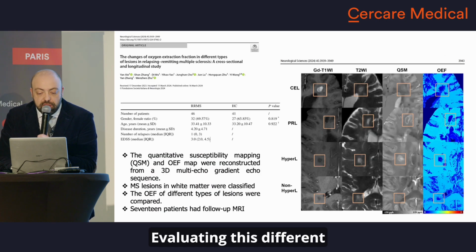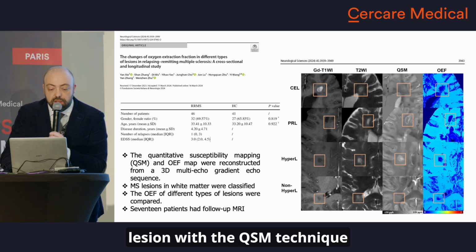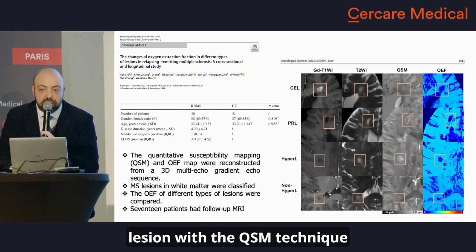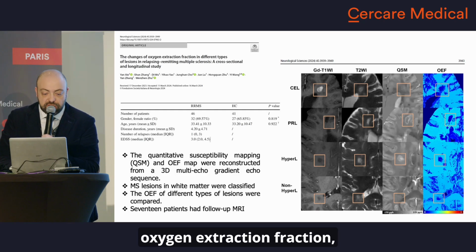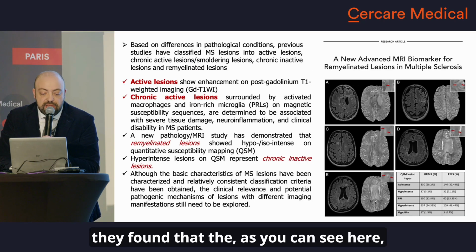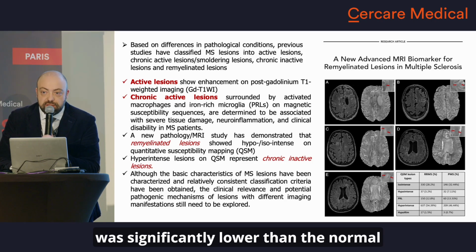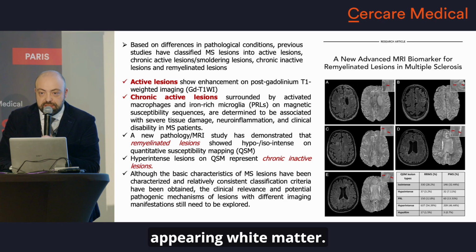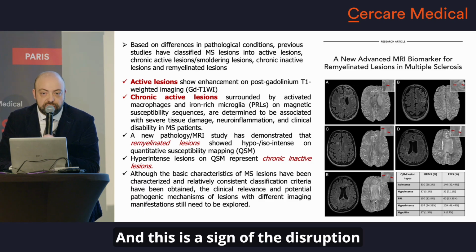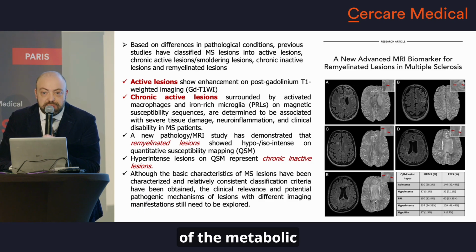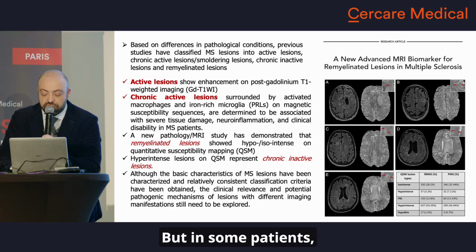Evaluating these different lesions with the QSM technique and the oxygen extraction fraction, they found, as you can see here, that the oxygen extraction fraction in all types of lesions was significantly lower than the normal appearing white matter, and this is a sign of the disruption of the metabolic activity in the MS lesion.